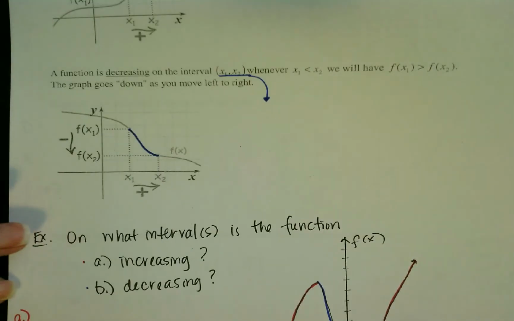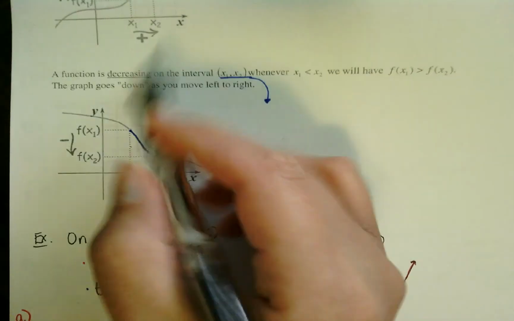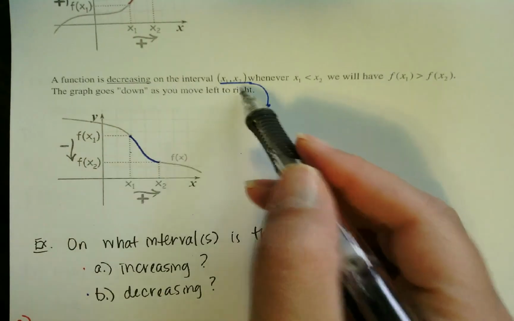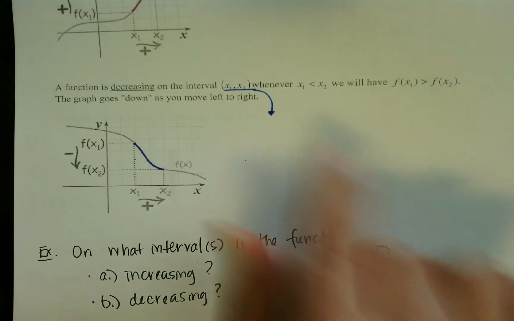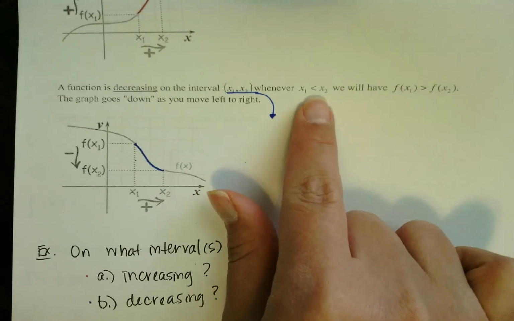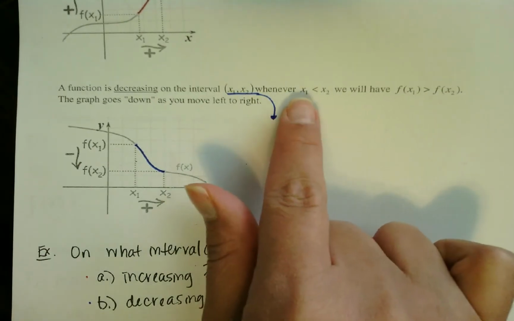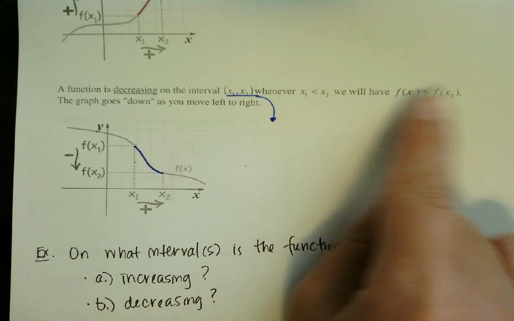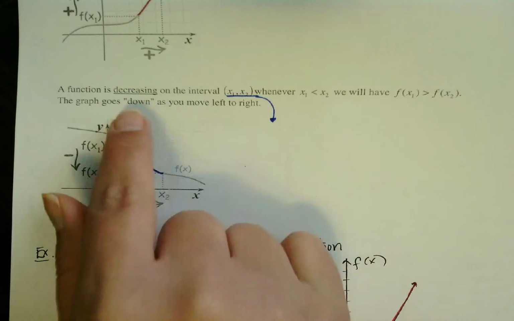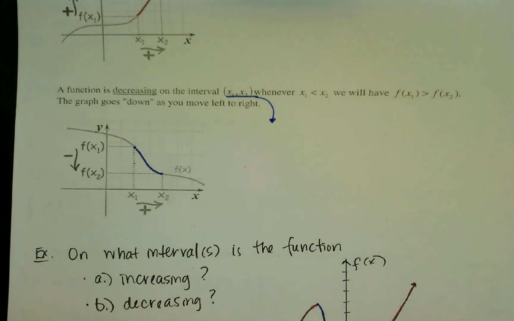Now for decreasing, a function is decreasing on the interval (x1, x2) whenever x1, your first input, is smaller than your second input, and you have your first output bigger than your second output. So the graph goes down as you move from left to right.